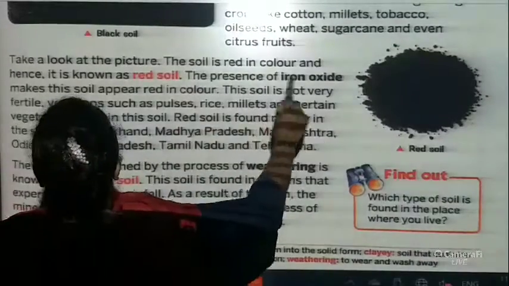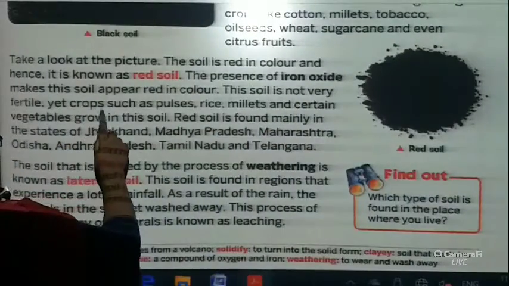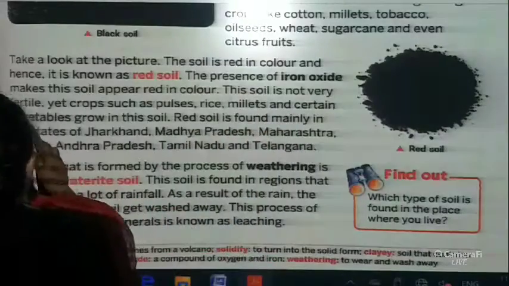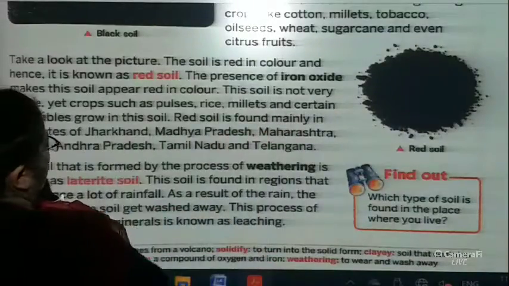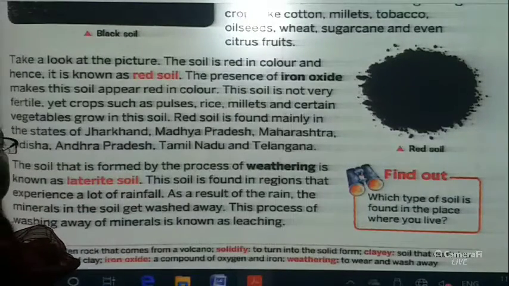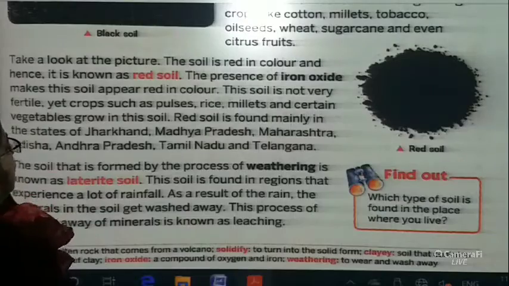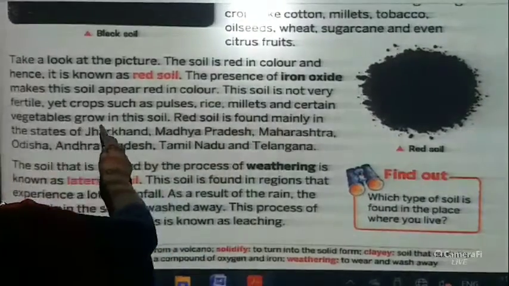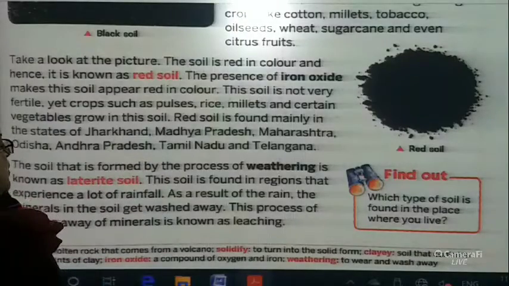This soil is not very fertile, yet crops such as pulses, rice, millets and certain vegetables grow in this soil. It is not very fertile, but still few crops are grown, that is pulses, rice, millets, certain vegetables.